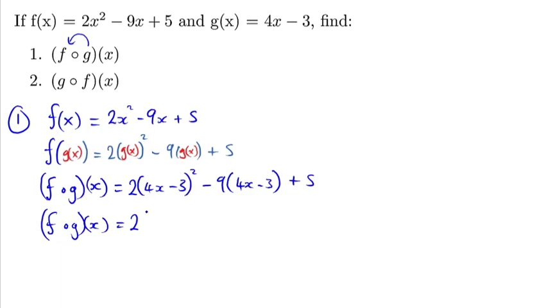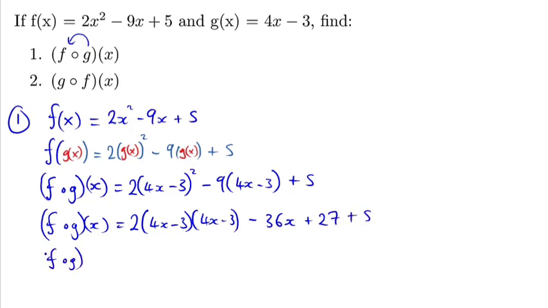If I expand this bracket, this will be 4x minus 3 multiplied by itself, 4x minus 3, minus 36x, then 9 times 3 gives us 27, plus 5.